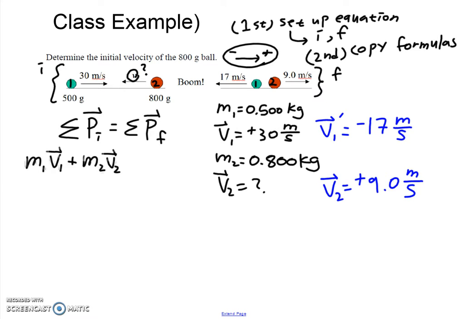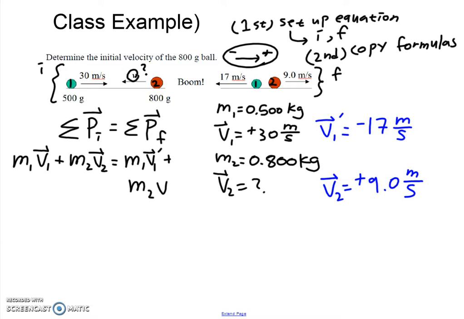And these two equal to mass 1 final velocity having momentum, mass 2 its final velocity having momentum.